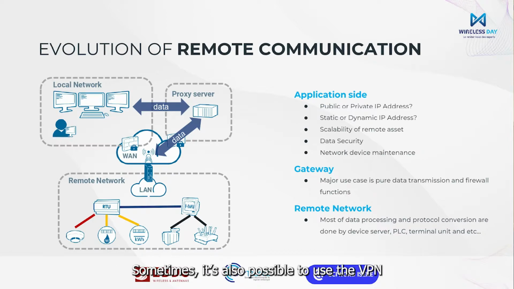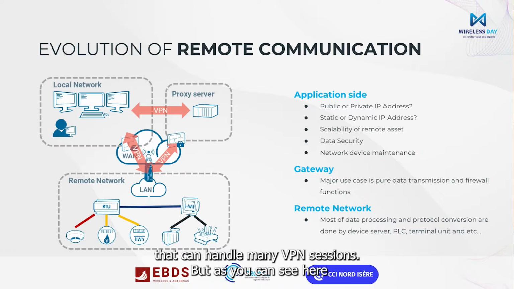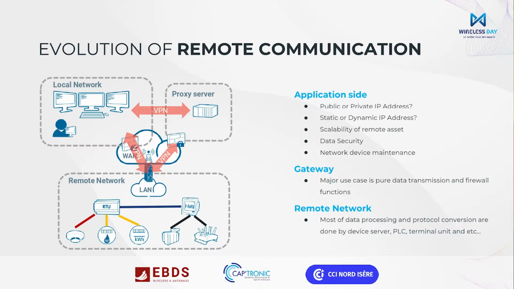It's also possible to use the VPN alone, but the problem is you need a big server that can handle many VPN sessions. But as you can see here, even with or without a proxy server, the main role of the gateway is simply data communications. This is kind of history, but even nowadays, many use cases are still based on this communication scheme.